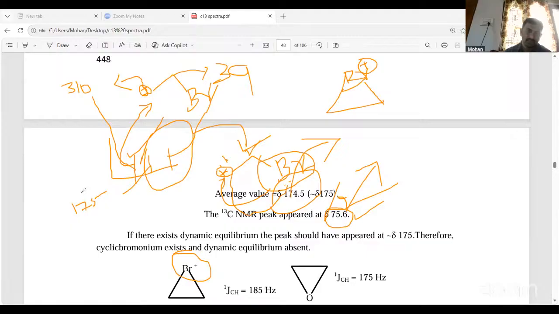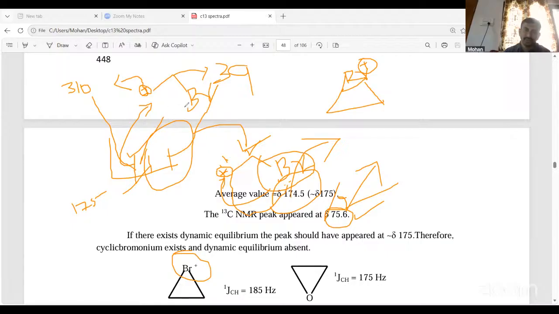Because there are only two carbons, but it is showing three signals. That is because it is undergoing this dynamic equilibrium, and the dynamic equilibrium is established through the formation of the cyclic bromonium ion.